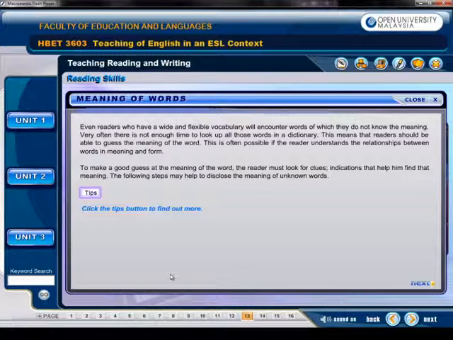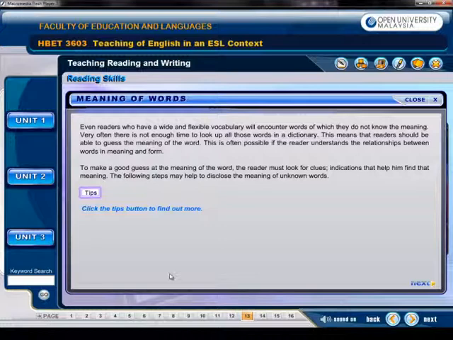Even readers who have a wide and flexible vocabulary will encounter words of which they do not know the meaning. Very often, there is not enough time to look up all those words in a dictionary. This means that readers should be able to guess the meaning of the word.